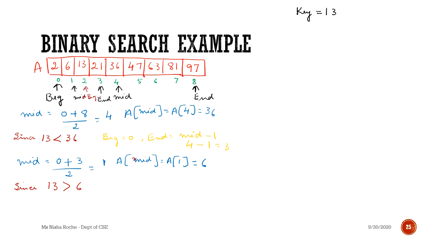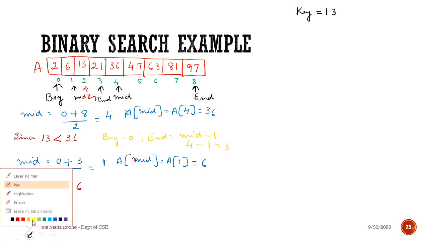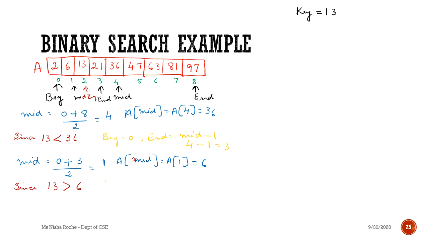So how do we do that? We have to use a formula. So update the beginning value using the formula middle element plus 1. Middle element is given here, index is 1, 1 plus 1, which is nothing but 2.